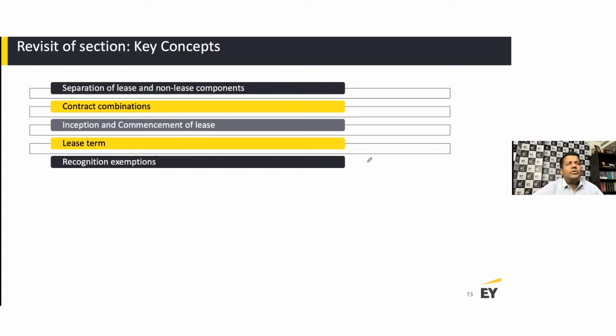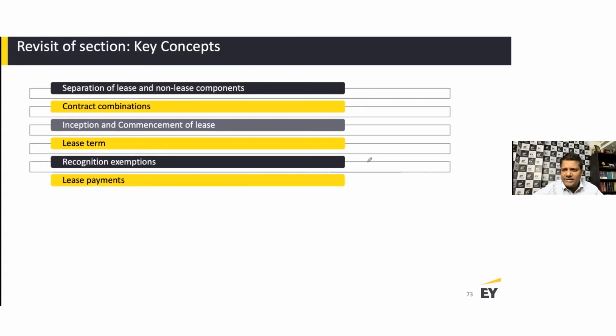So for short-term leases of less than 12 months which you don't expect to renew, you may decide not to account for them under the lease standard, or for low value items. And again, for low value items, we said the standard is silent as to the monetary threshold, and as an organization one needs to decide and then apply that consistently based on a materiality assessment for that organization.